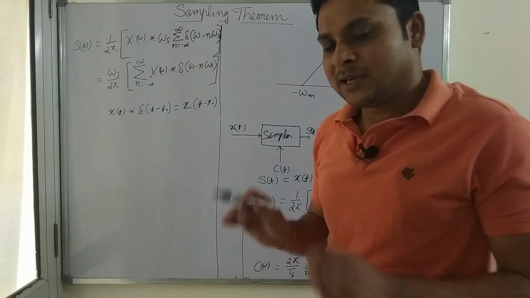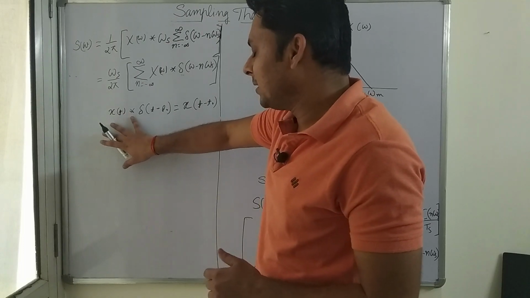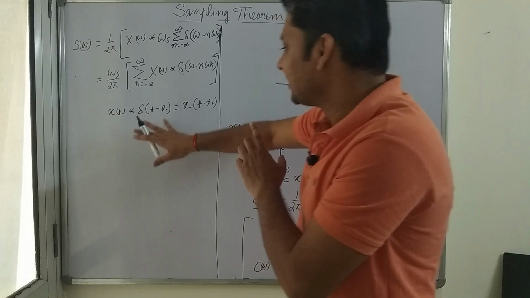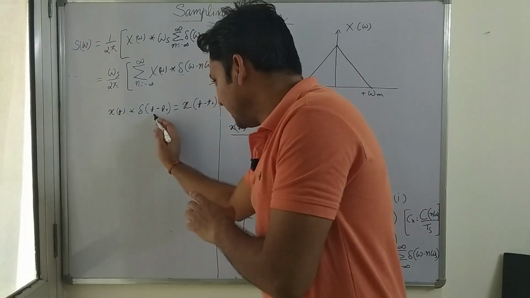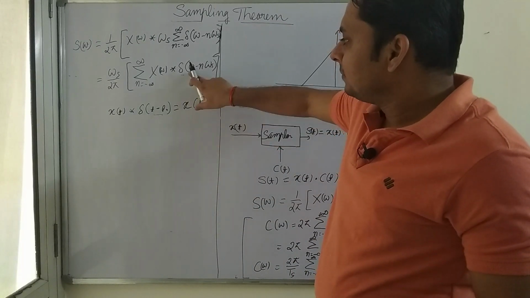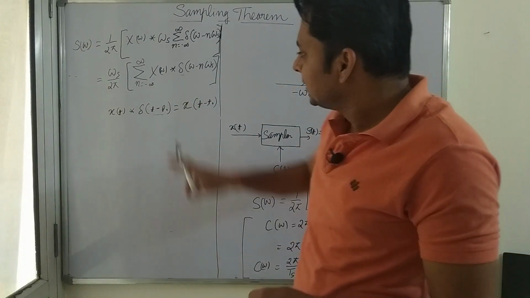It means that if any function x(t) is convolved with a unit impulse function of t minus t naught, then t will be replaced by t minus t naught.